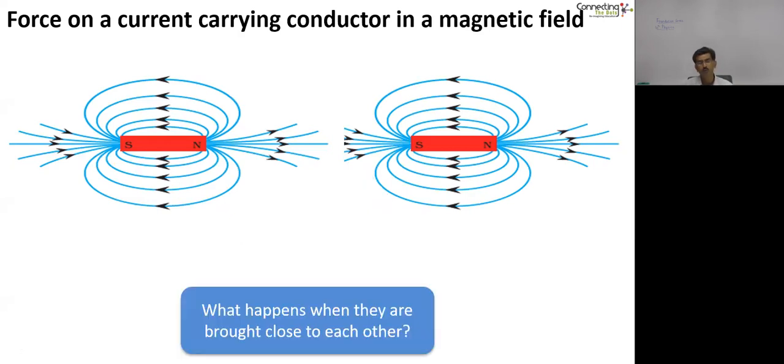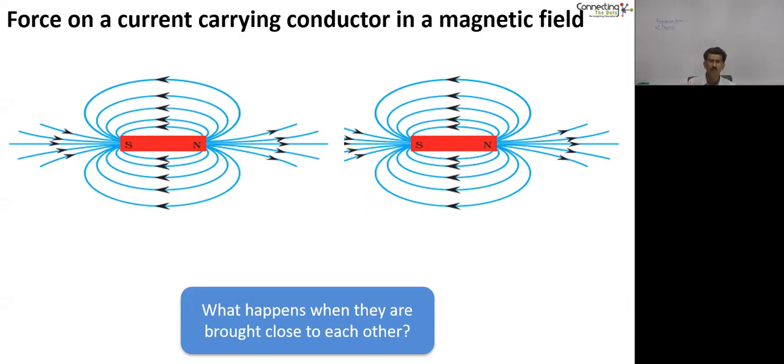When they are brought close to each other, there may be a force of attraction, like in this case, or repulsion if like poles are brought near each other. So one permanent magnet exerts a force on another permanent magnet.